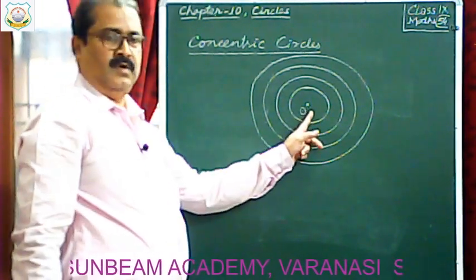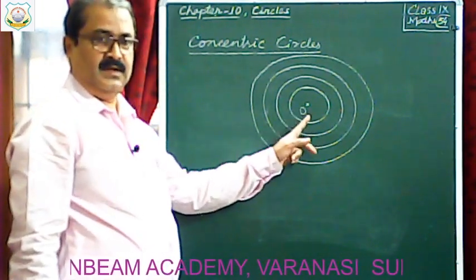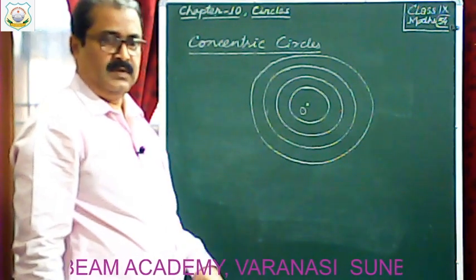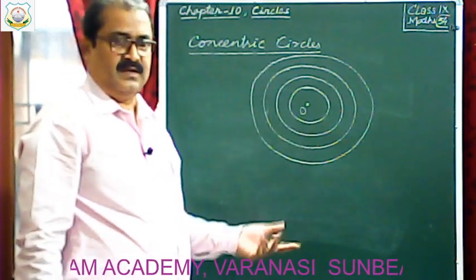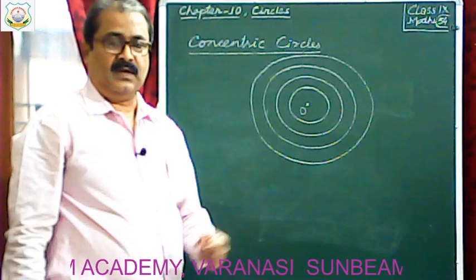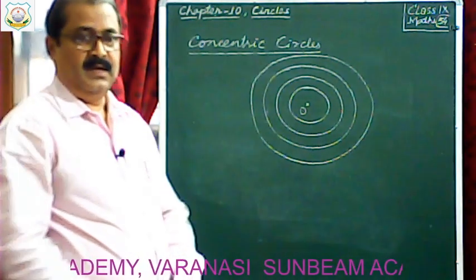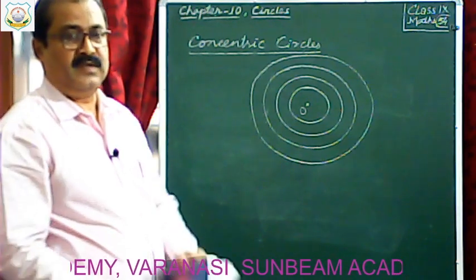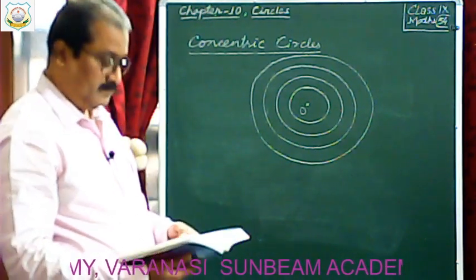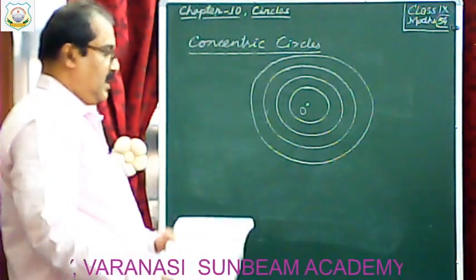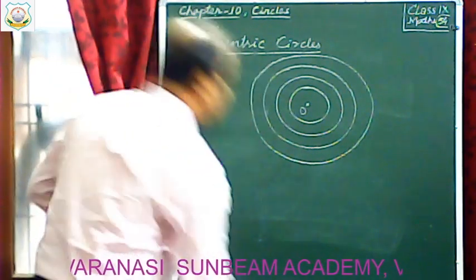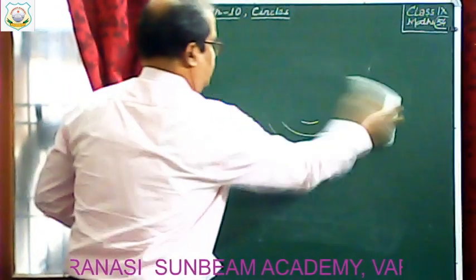O is the center of all the circles. Radii are different. So if you draw two or more circles with the same center and different radii, then the circles are known as concentric circles. Thereafter, arc of a circle.